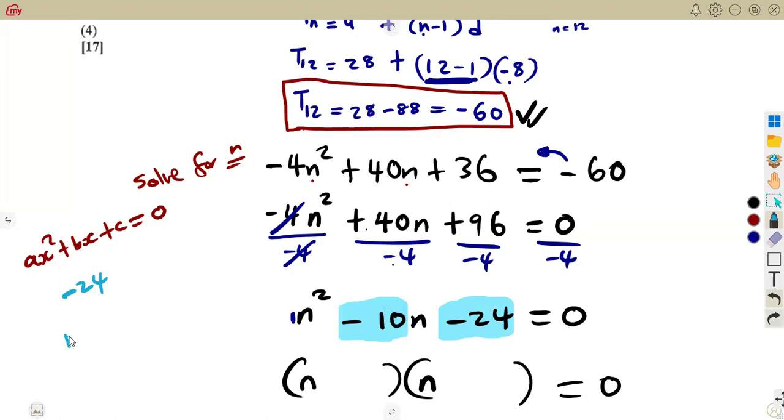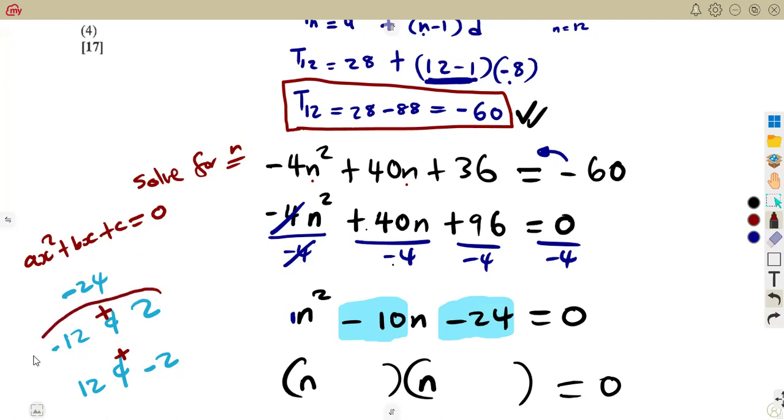So as you can see, guys, we are talking about 12 and a 2 there in between that. But for us to have a negative, it means one of these must be a negative. So it's either we are going to have minus 12 and 2, or we are going to have 12 and minus 2. Multiply these guys, we are going to obtain minus 24. But which part, when you add, you must have negative 10.